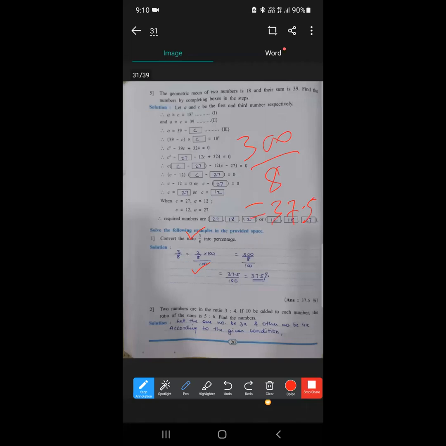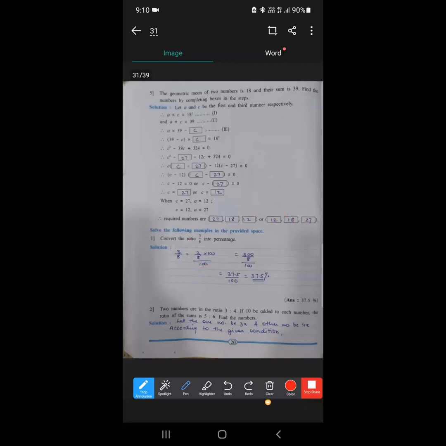If you carry out the division, you will get 37.5, and divided by 100. So it is nothing but 37.5 percentage. It's simple, because whenever any ratio you need to convert into percentage, you have to see that in the denominator it should be 100.